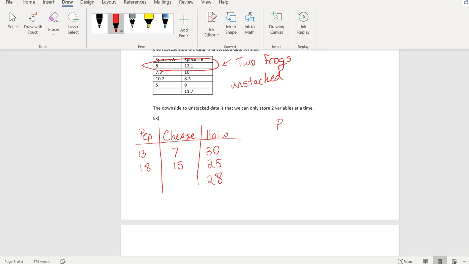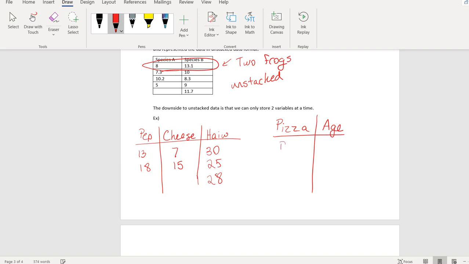So we actually only have two variables here, even though we have three categories. One variable is pizza, and the other variable is age. So even though these two have multiple observations that can go with them, they're two different variables.